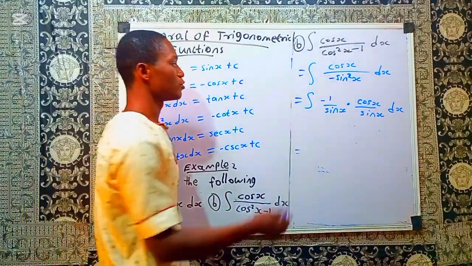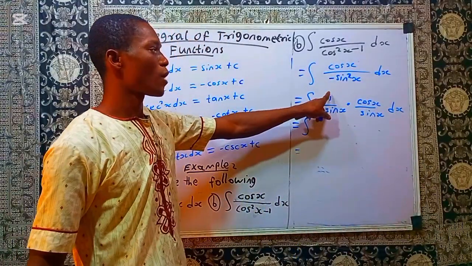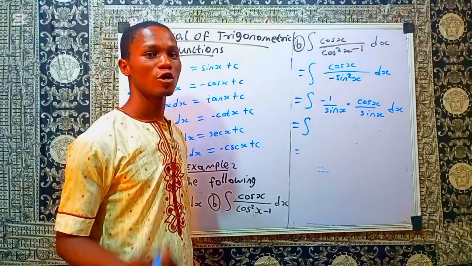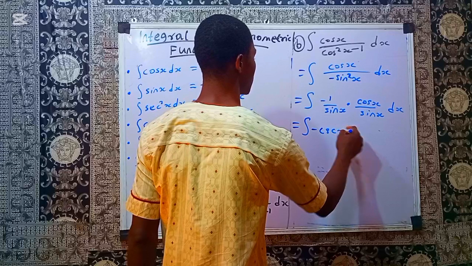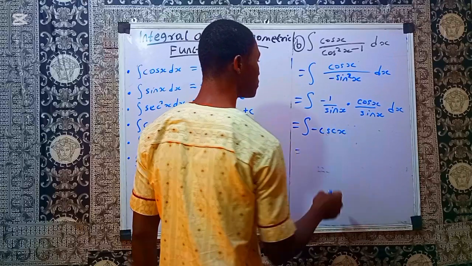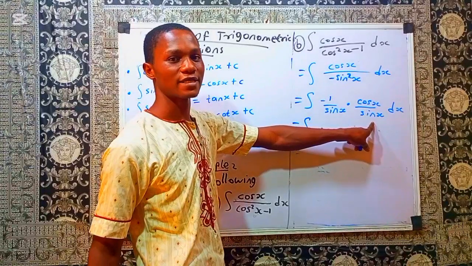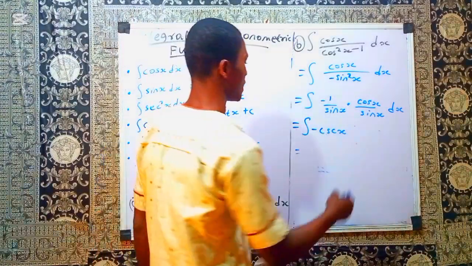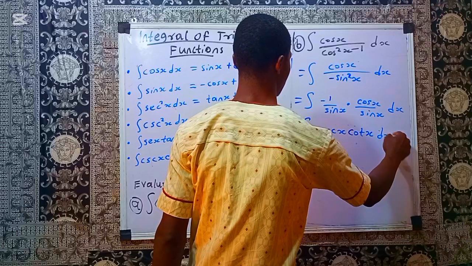So I'm going to simplify this further. This will be integral. 1 over sine is cosec. So this will be minus cosec x, then cos x divided by sine x is cot x. So this will be cot x dx.